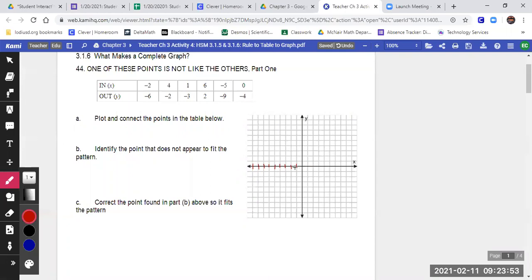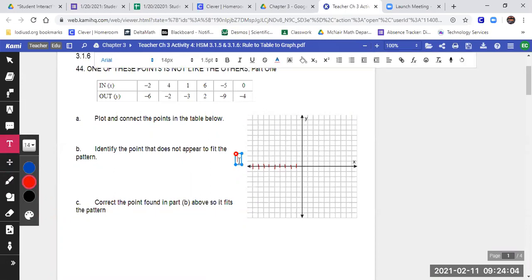Count them. 1, 2, 3, 4, 5, 6, 7, 8, 9. So that means this side went to -9. That tells the reader what the tick marks stand for. I see 9 tick marks. It says -9 here. That means each tick mark is worth 1.